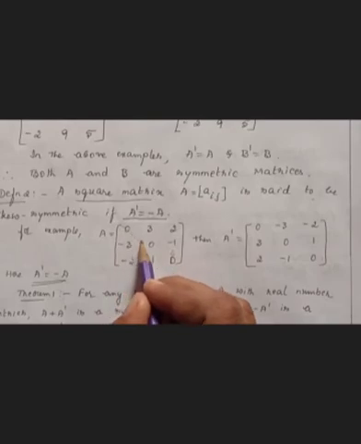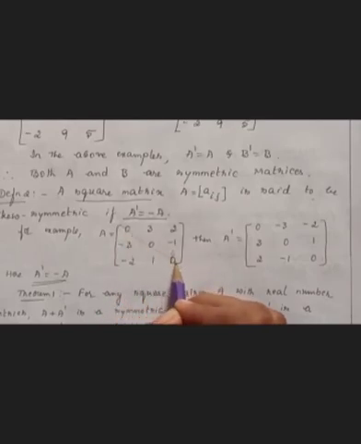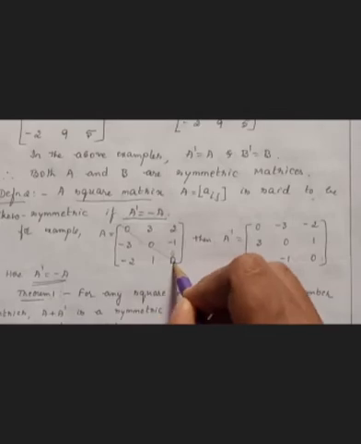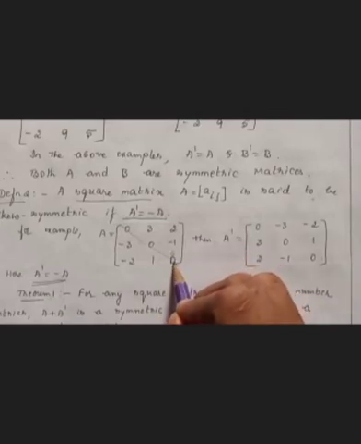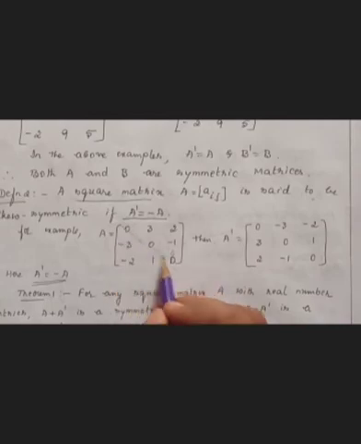to write the examples for the skew symmetric matrix, one should notice that the diagonal elements should be 0. If you want to write the example for this skew symmetric matrix, first write all the diagonal entries as 0.